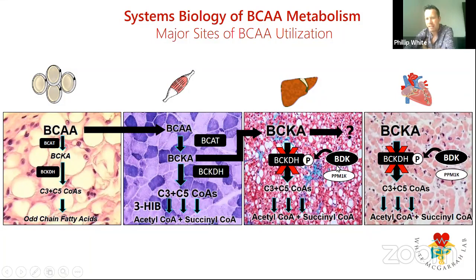And in essence, the balance between these two enzymes can control systemic levels of branched-chain keto acids because they control the activity of the enzyme within the major tissues. So when the balance is perturbed and pushed towards BDK being predominant in situations like obesity and insulin resistance, what happens is this gets turned off and the branched-chain keto acids accumulate, and they end up accumulating in circulation.